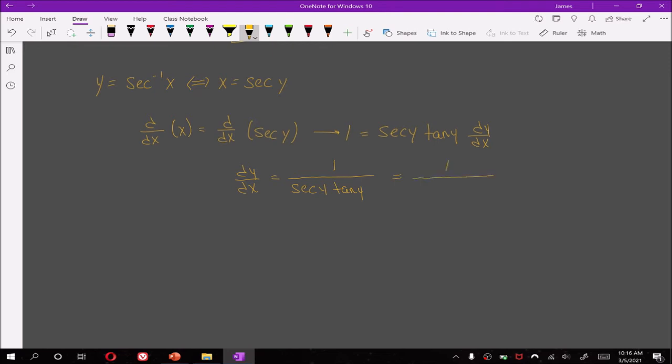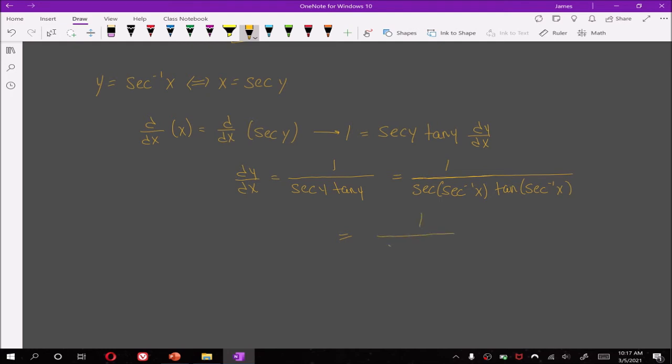Right, but y is inverse secant, so that's secant of the inverse secant of x times the tangent of the inverse secant of x. Now, of course, the secant of the inverse secant, they cancel each other out.